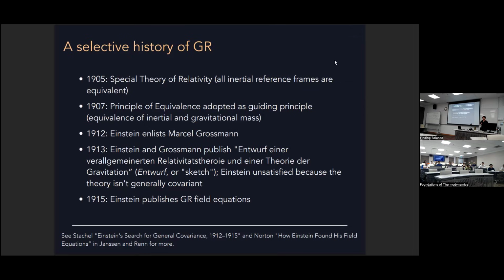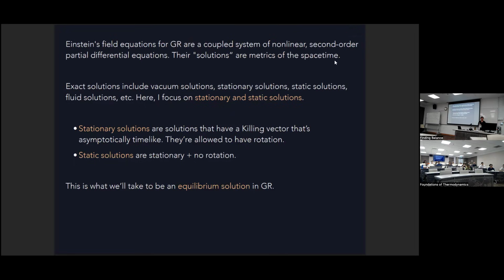Okay, so the field equations of GR are a coupled system of nonlinear second order PDEs, and their solutions are metrics of the whole spacetime. Exact solutions include vacuum solutions, stationary solutions, static solutions, and some are fluid solutions. For the purposes of this talk, I'm going to focus on equilibrium solutions, the stationary and static ones.